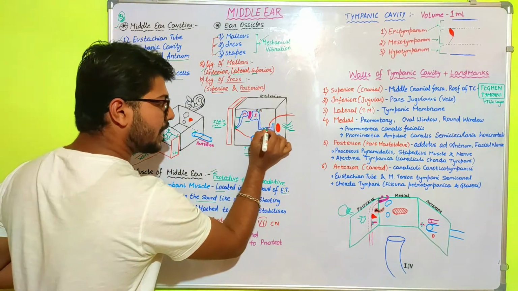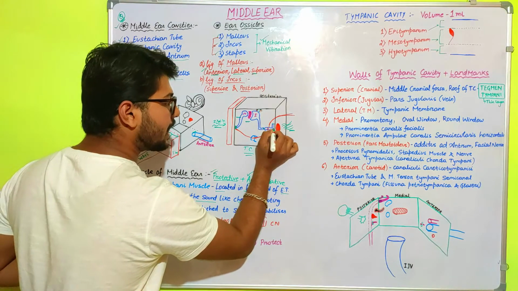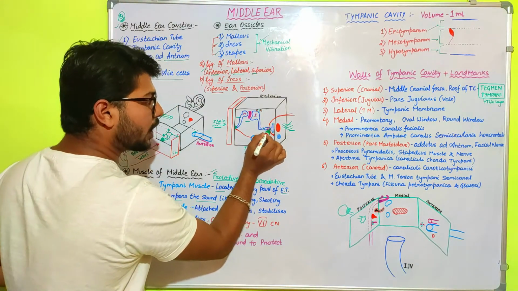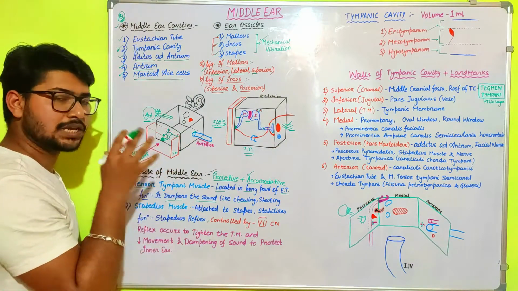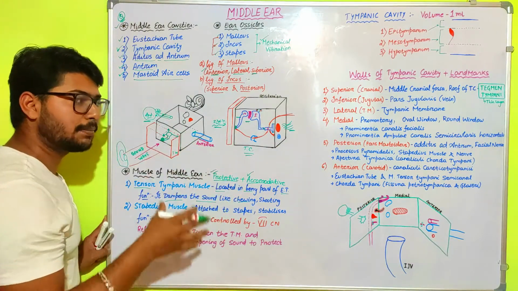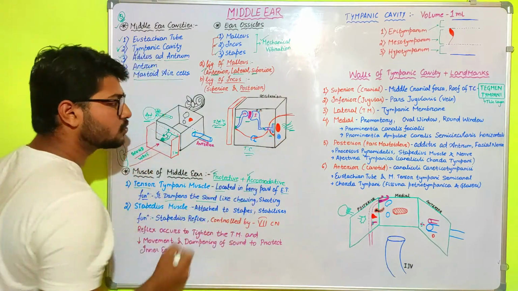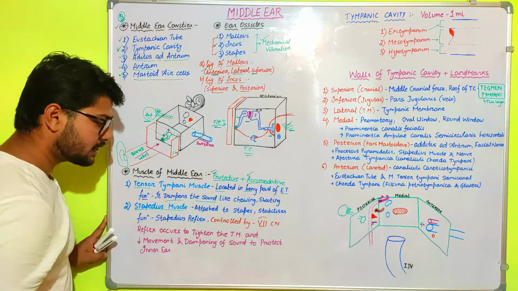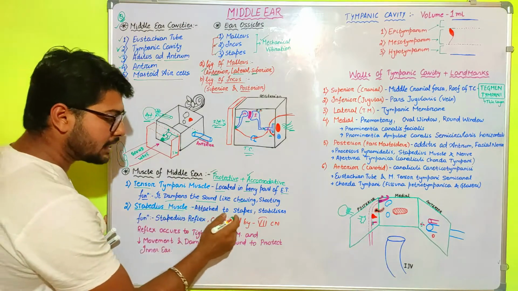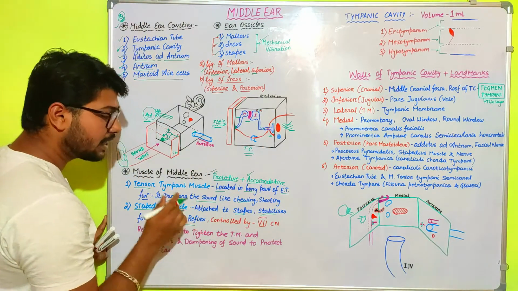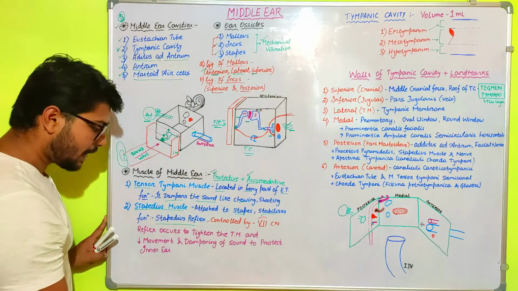So the stapes ear ossicle is attached to the surface of the oval window, and to stabilize the vibration of the stapes, we have a muscle that is known as the stapedius muscle. Okay, it is attached to the stapes and stabilizes it, and then the stapedius reflex. What do you mean by stapedius reflex?